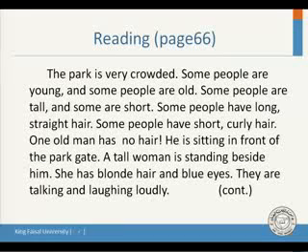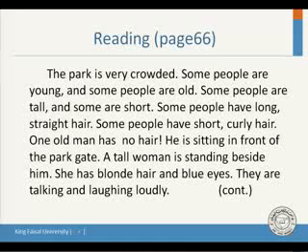Some people have long straight hair. Some people have short curly hair. So, long straight hair and short curly hair. One old man has no hair. He is sitting in front of the park gate.